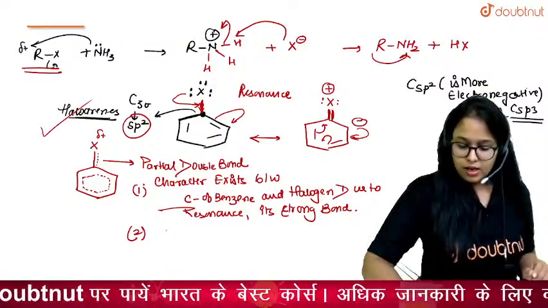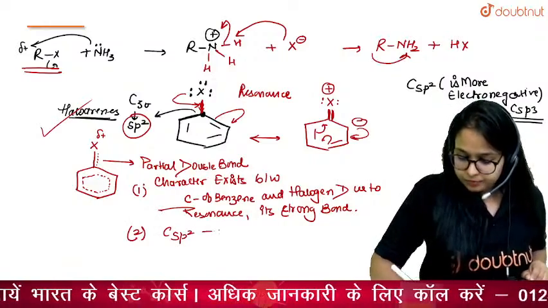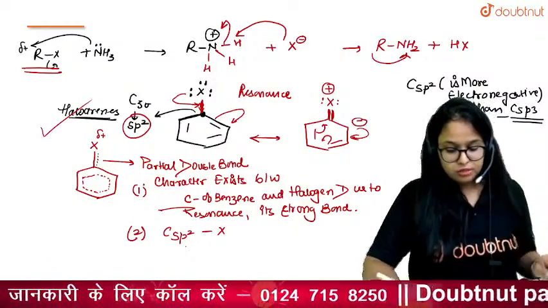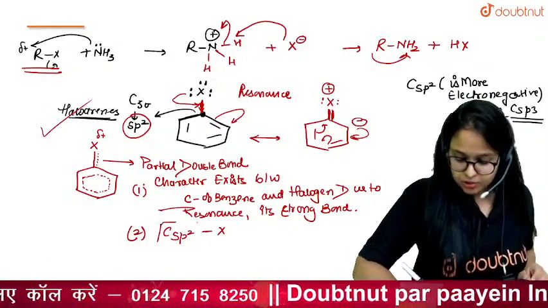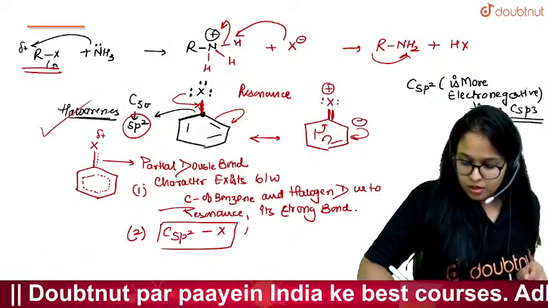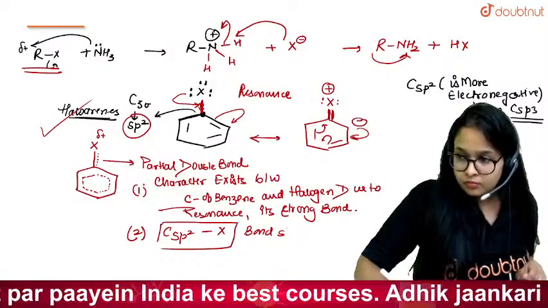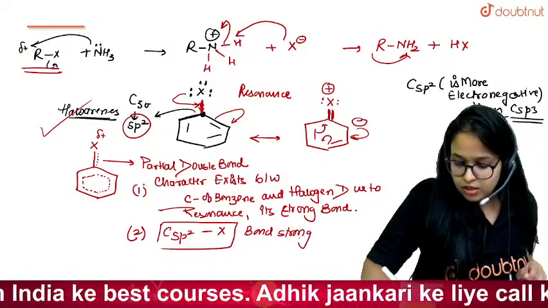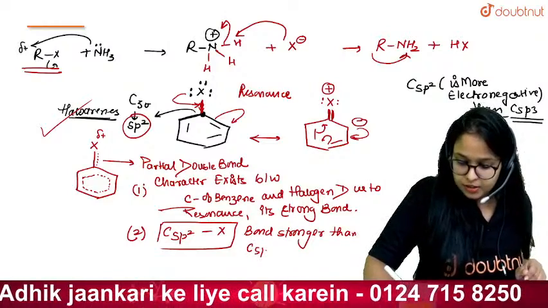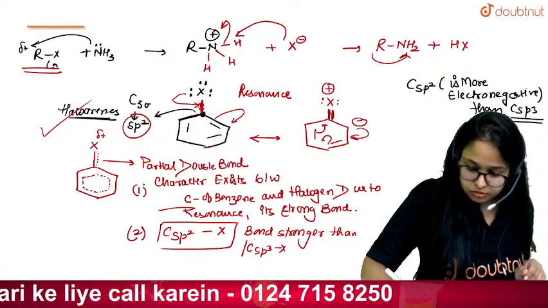So these 2 are the reasons why haloarenes show difficult nucleophilic substitution reaction. You can write carbon which is sp2 hybridized and the halogen atom bond is stronger than carbon sp3 and halogen bond.